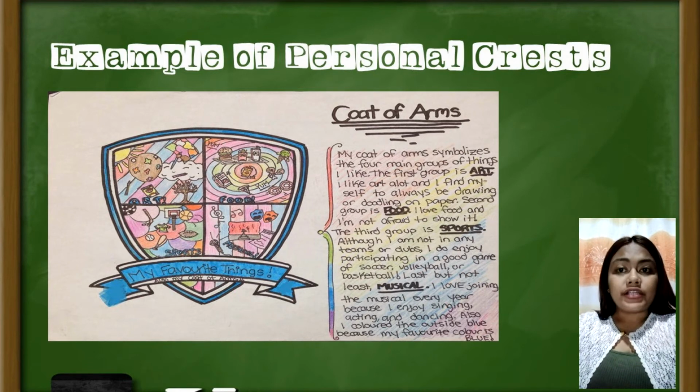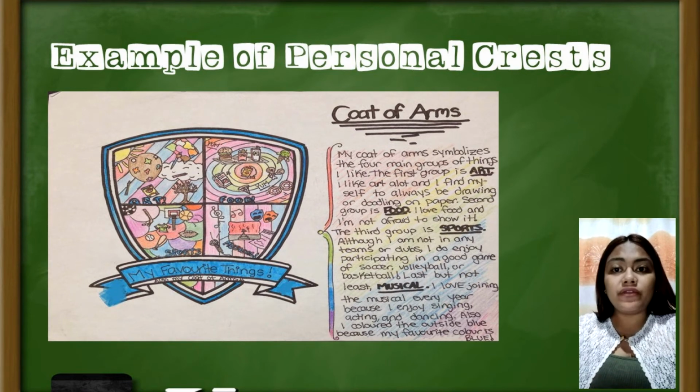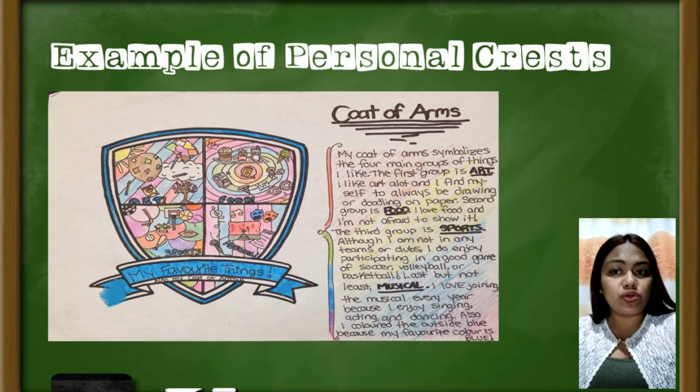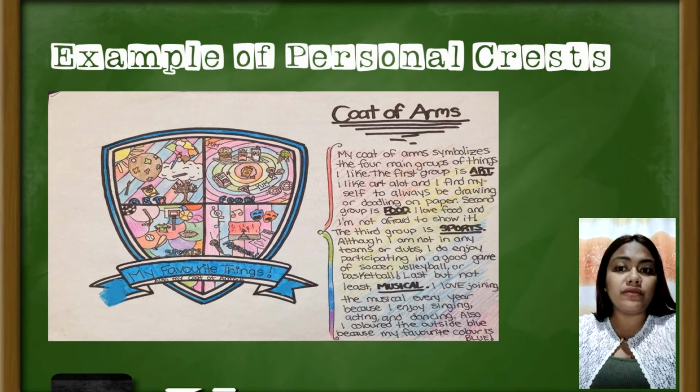I like art a lot and I find myself to always be drawing and doodling on paper. Second group is food. I love food and I'm not afraid to show it. The third group is sports. Although I am not in any teams or clubs, I do enjoy participating in a good game of soccer, volleyball, or basketball.